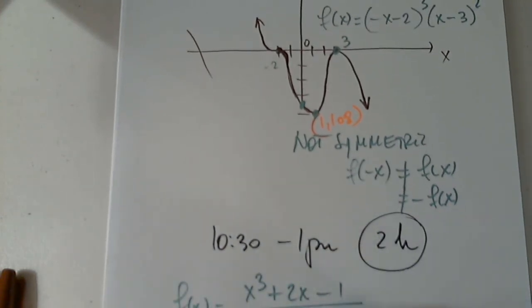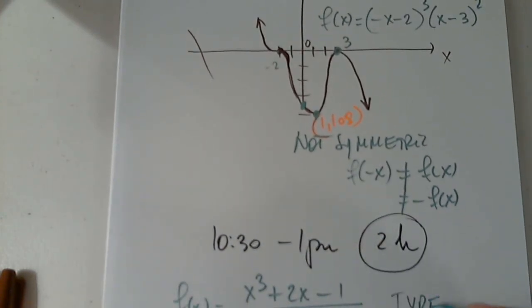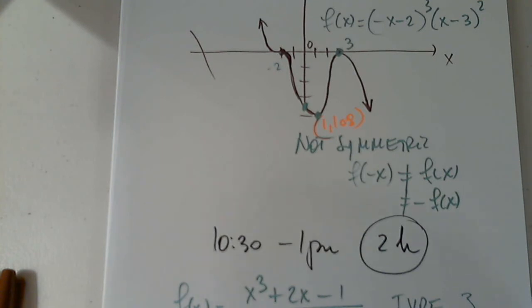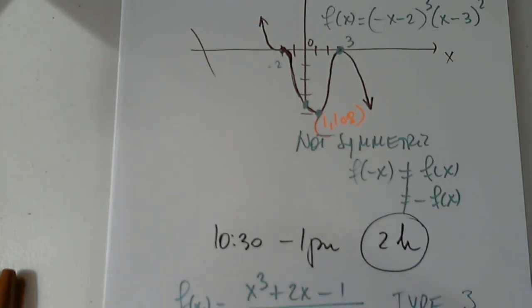What type is this? Type 3? Yes, it will not have a horizontal asymptote, but a slant asymptote. All you have to do is divide this by this to get the quotient, and find the slant asymptote, and that's it.